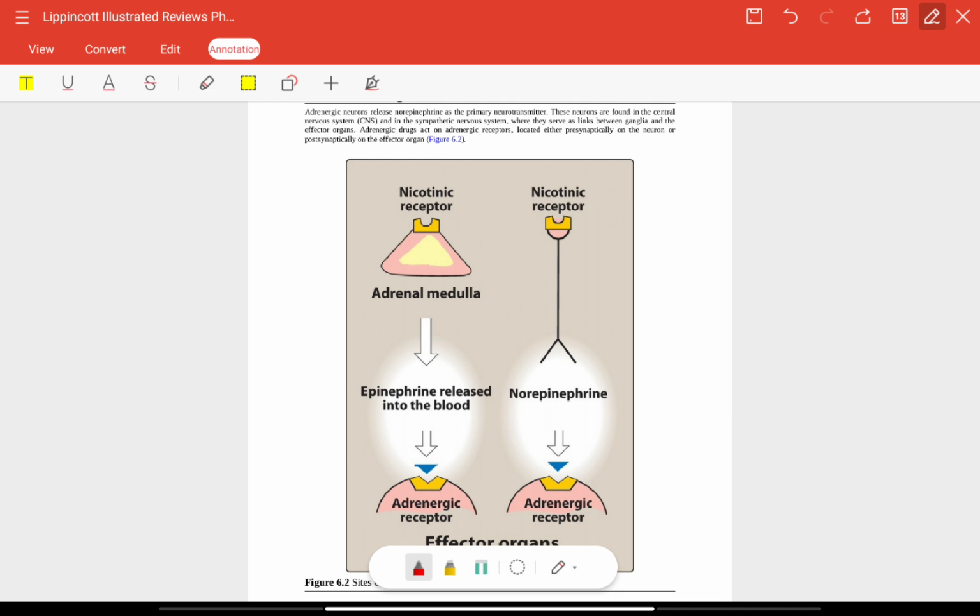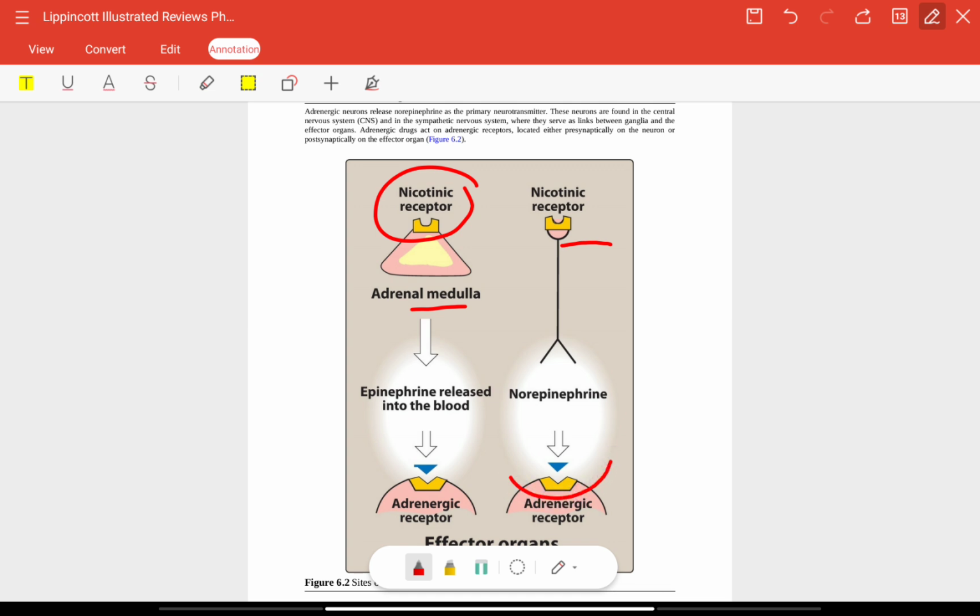Now you can see here, this is the adrenal medulla, and here you can find nicotinic receptors, and these are pre-synaptically in the neurons or post-synaptically on the neurons.